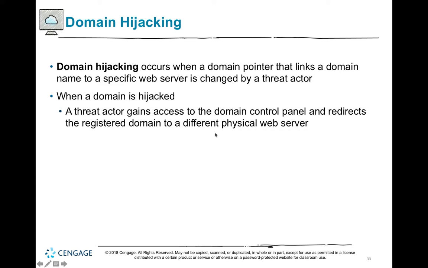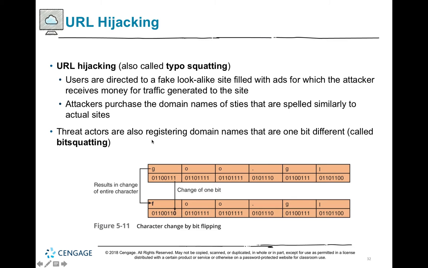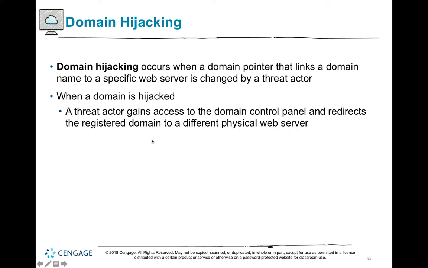Domain hijacking. Let's talk about that. No, URL hijacking. So domain hijacking occurs when a domain pointer that links a domain name to a specific web server is changed by the threat actor. All right, so let's use Sentry as an example. I don't know firsthand, but I believe there are multiple web applications that are hosted on probably the same front end, like our diagram before.